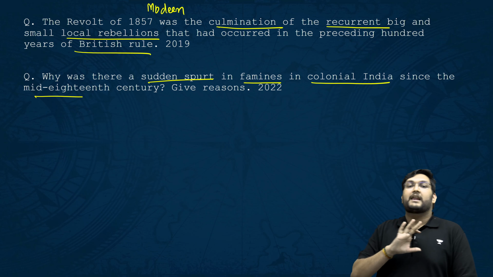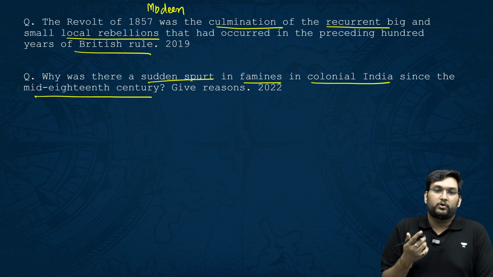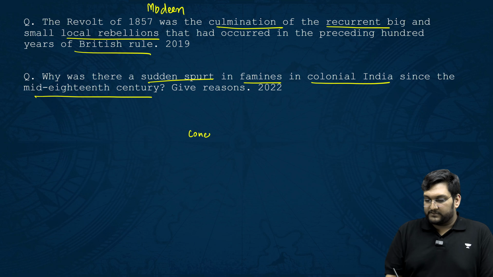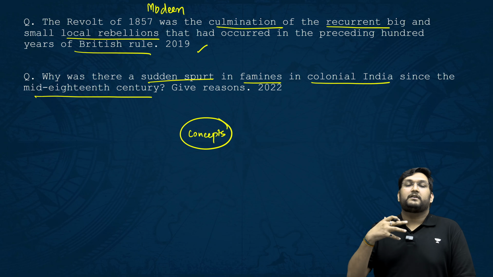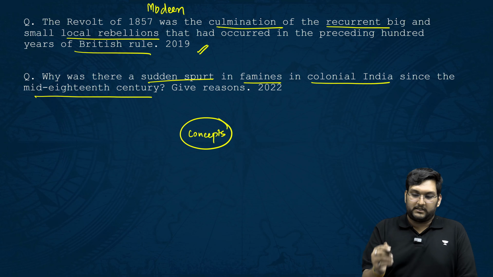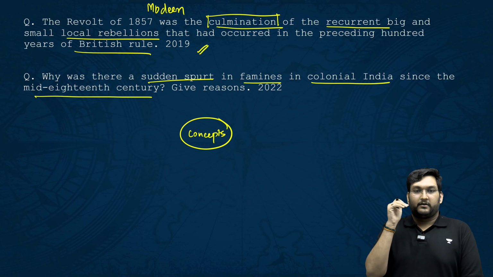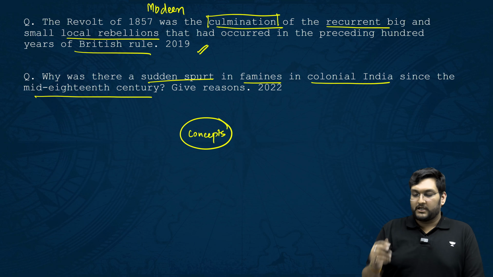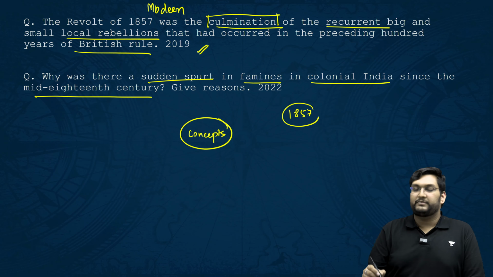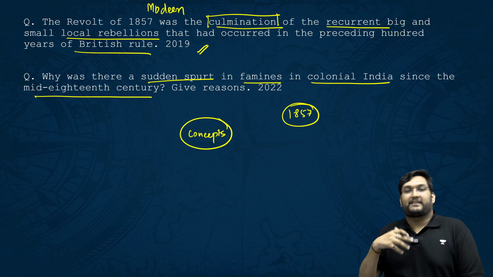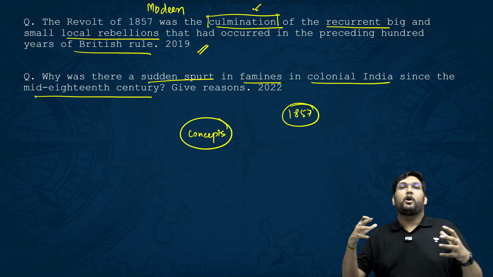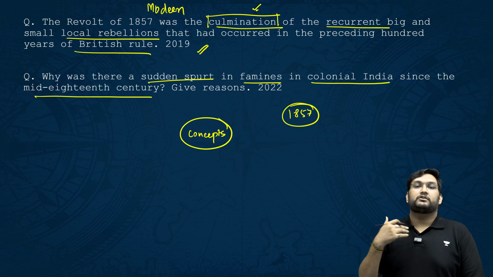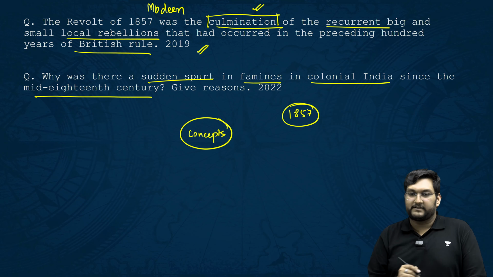These questions cannot be answered if you don't know the concepts, that is, the concept of culmination: when you reach 1857, it is not an unprecedented event which was random, but a culmination. So it's a cumulative effect of whatever has happened previously. So the culmination in 1857.